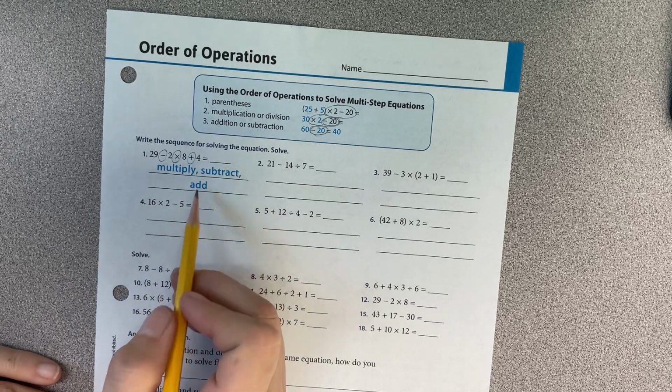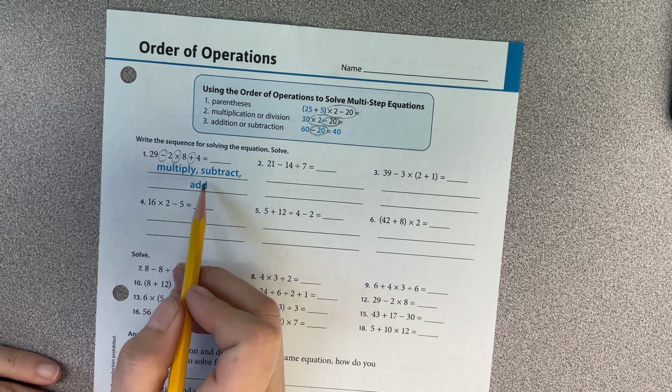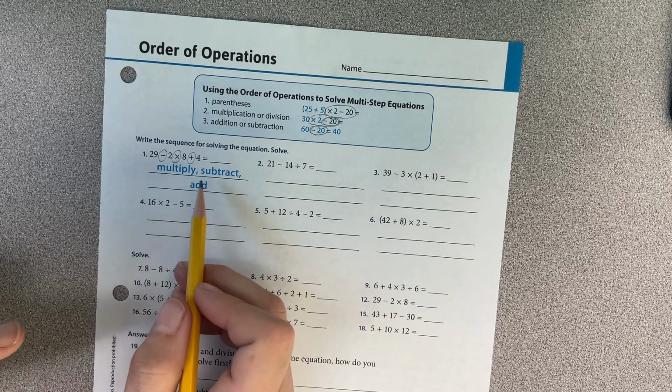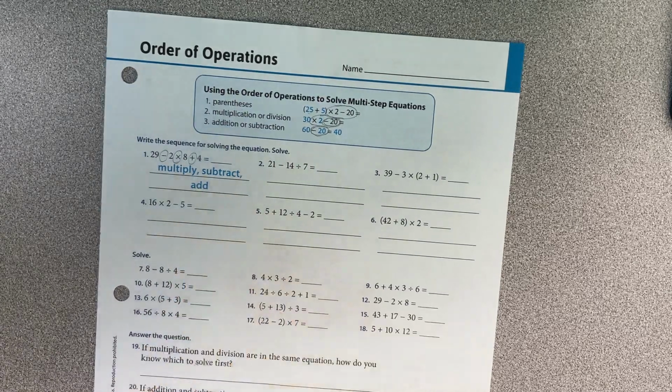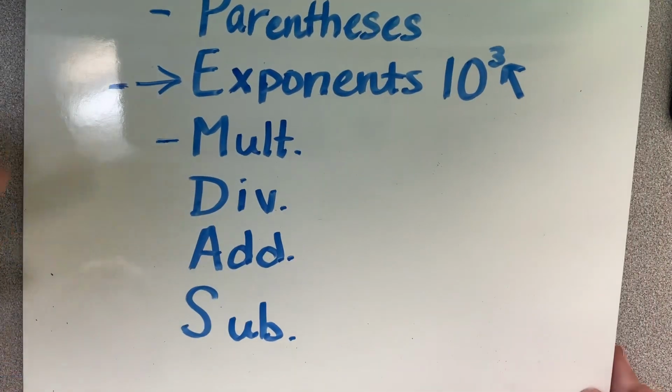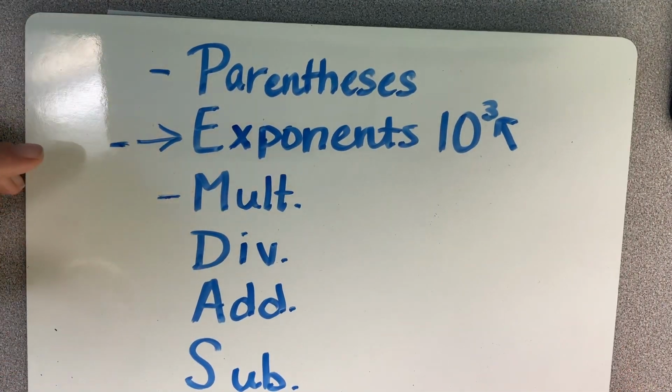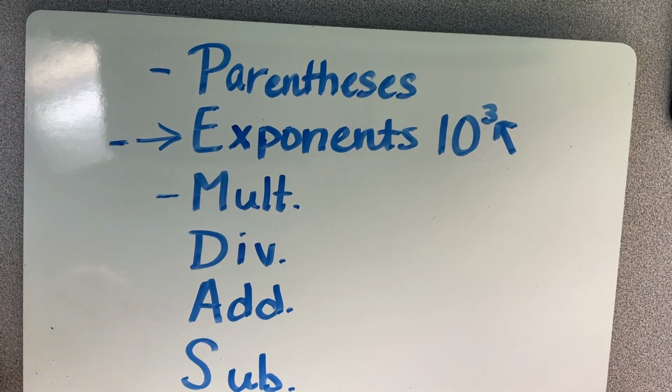Then we can add or subtract. Either one is completely fine. The addition and subtraction and the multiplication and division, you can switch around. The reason why I always like to do it this way is because it goes with our saying. So please excuse my dear Aunt Sally.